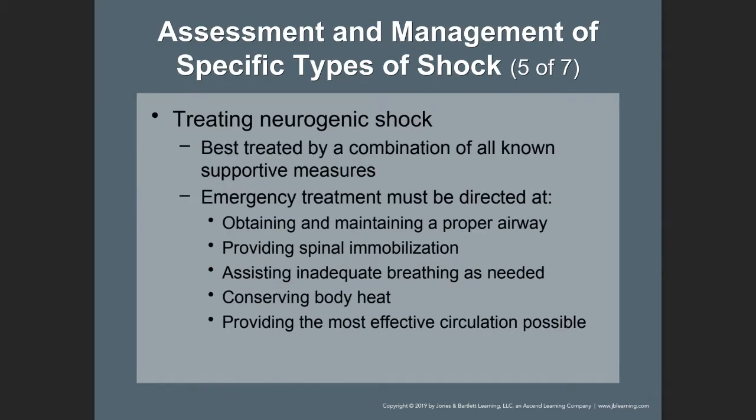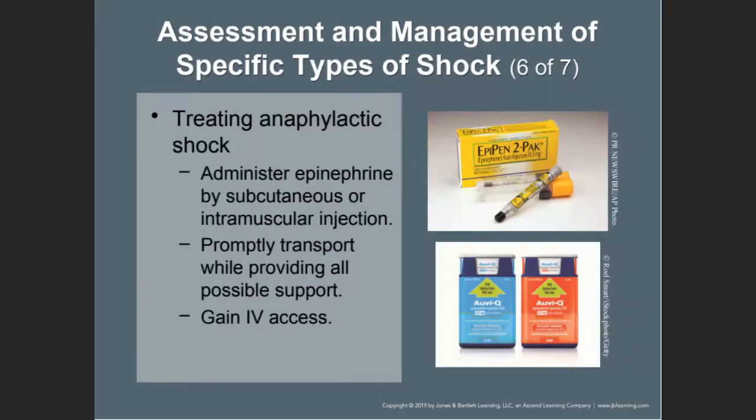Treating neurogenic shock, best treated by a combination of all known supportive measures. Emergency treatment must be directed at obtaining and maintaining a proper airway, providing spinal immobilization, assisting inadequate breathing as needed, conserving body heat, providing the most effective circulation possible.